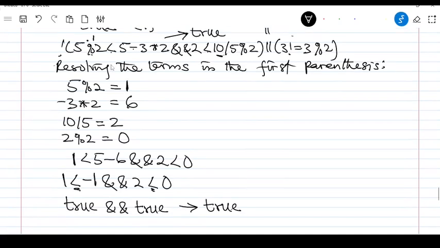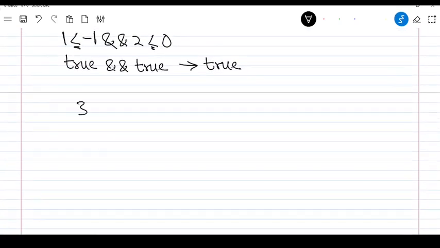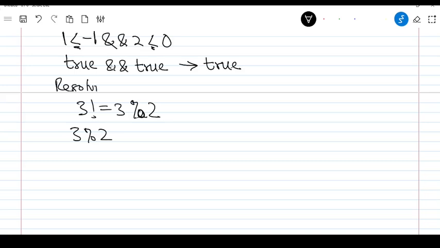So this is 3 is not equal to 3 modulo 2. So we are going to go with this 3 modulo 2 first. What is 3 modulo 2? Let's just write it as resolving the terms in the second parenthesis.